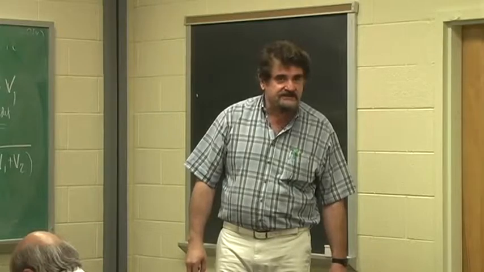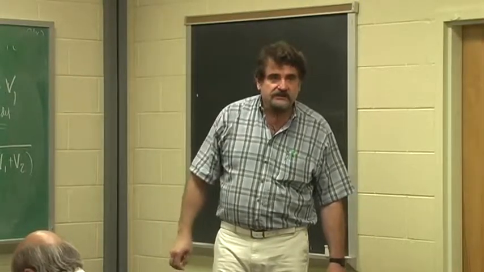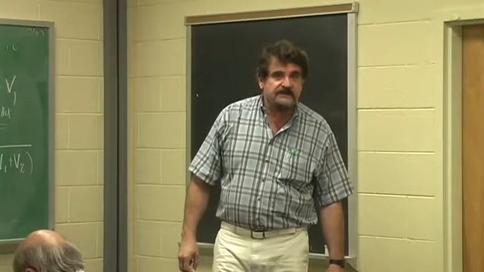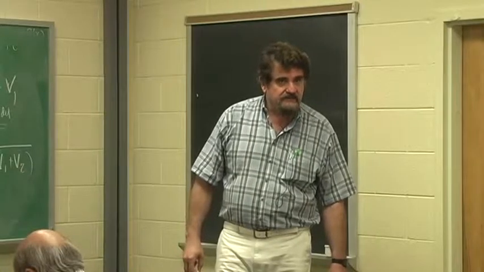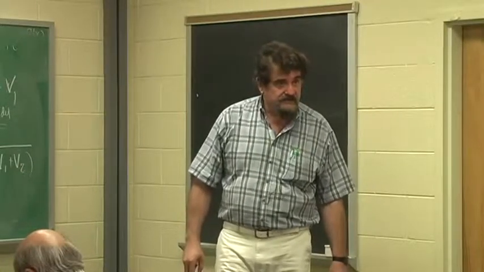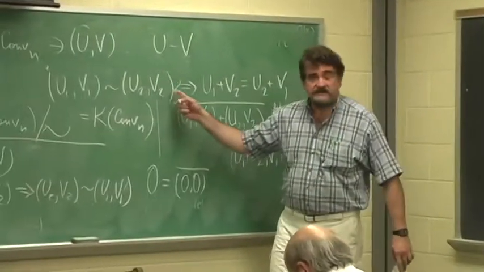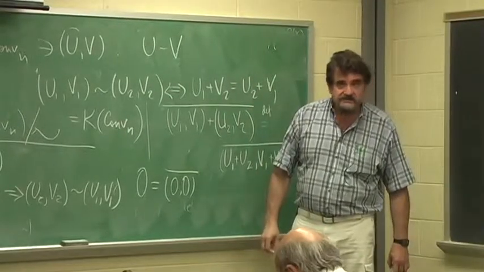And what is this condition? The cancellation condition. Sometimes the cancellation condition is not satisfied. Sorry, in this case you cannot embed this way, because this relation is not an equivalence relation.